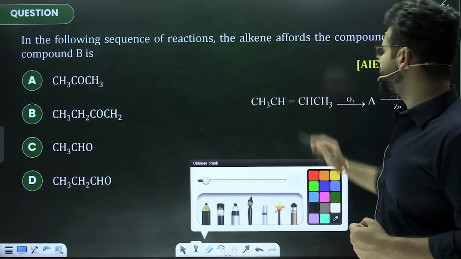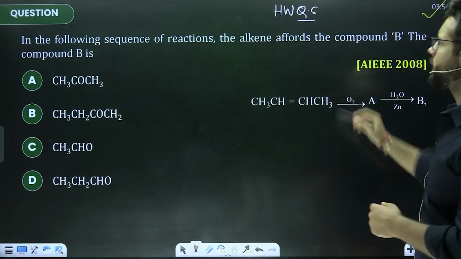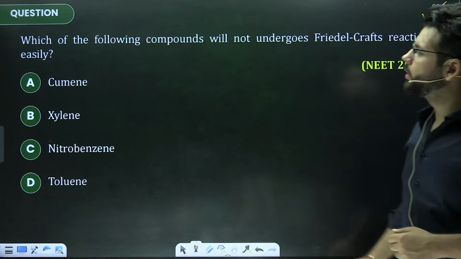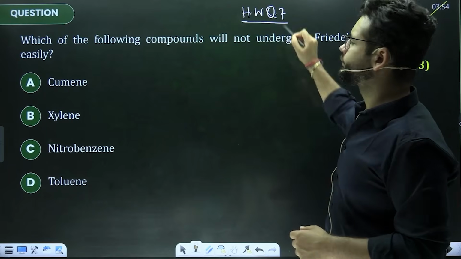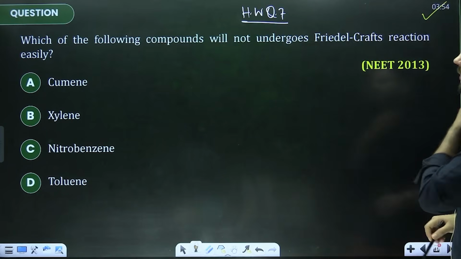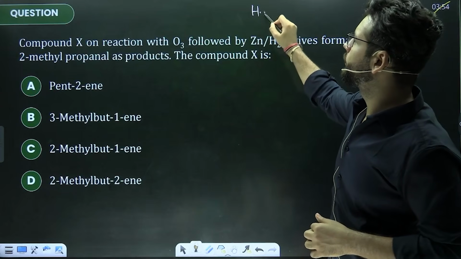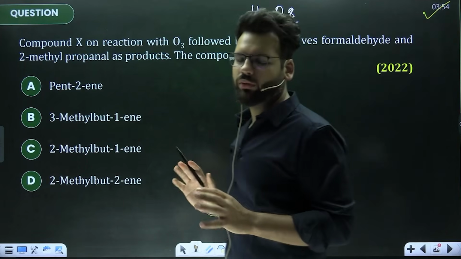Write down the answer in the comment box for homework question 5, 6, homework question 7, and this one is 8. So total 8 questions I am giving you as your self work.